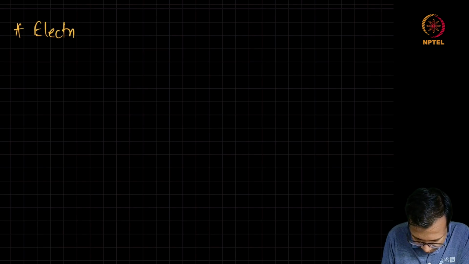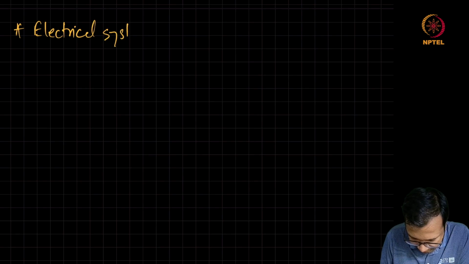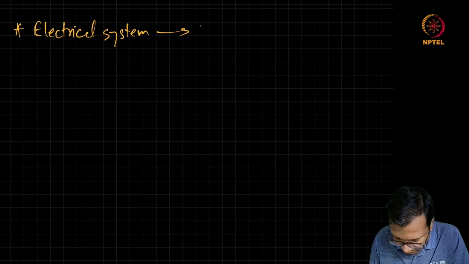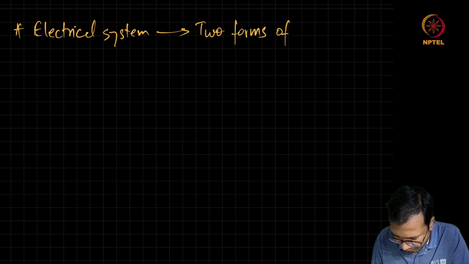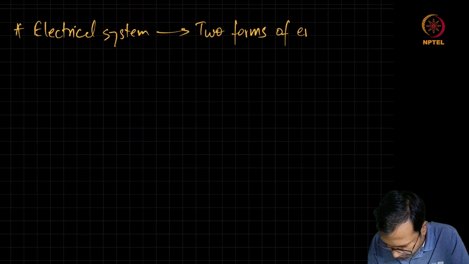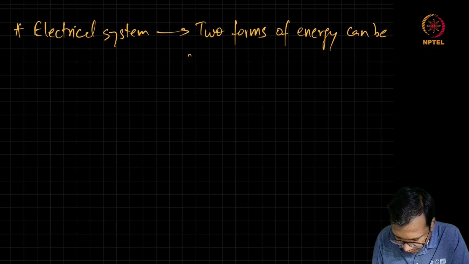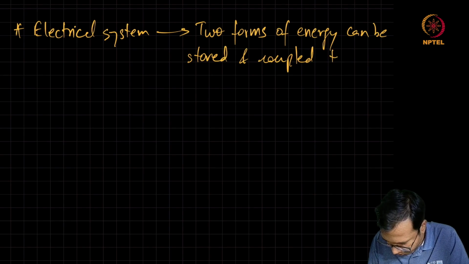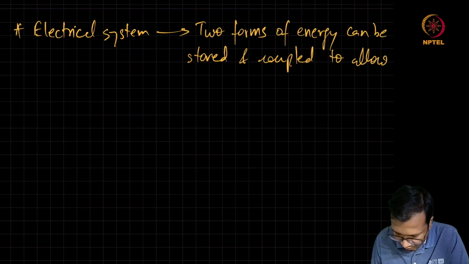We have to design an electrical system where two forms of energy can be stored and coupled to allow exchange of energy.